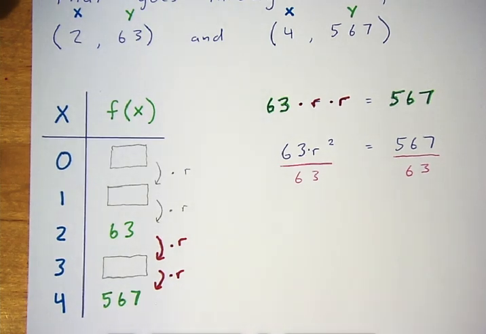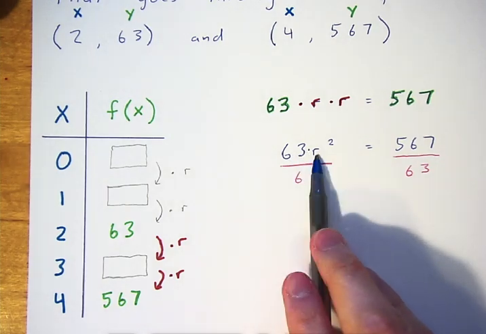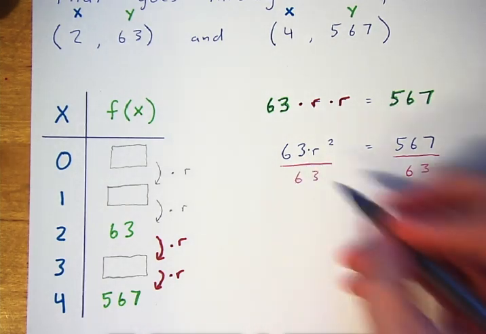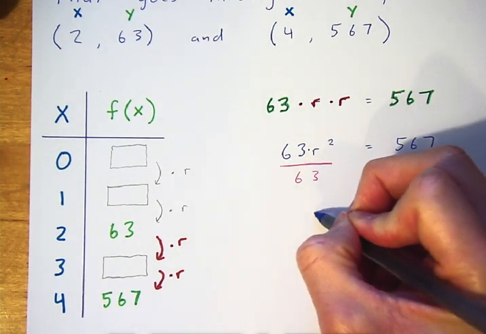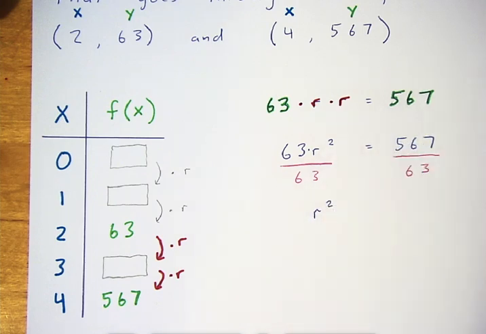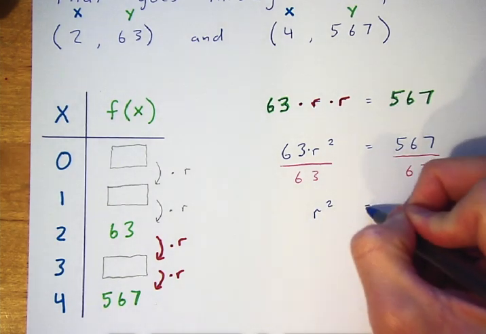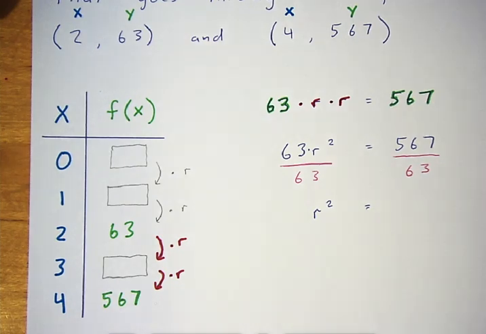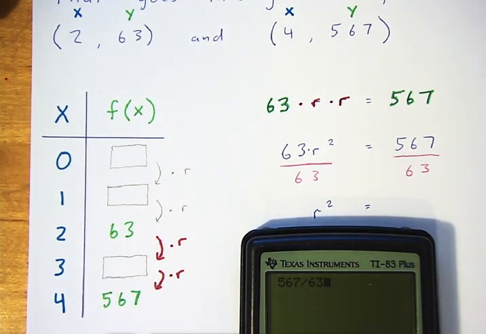On the left side, 63r squared divided by 63 just becomes r squared. And 567 divided by 63 equals 9.